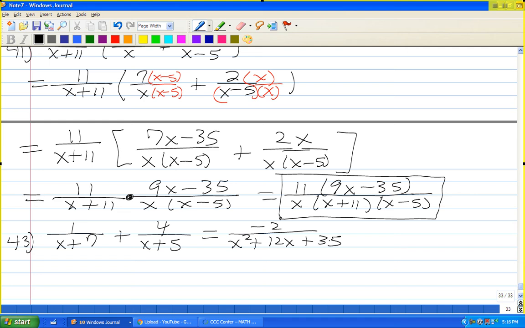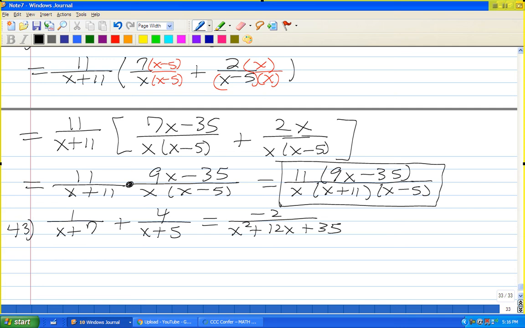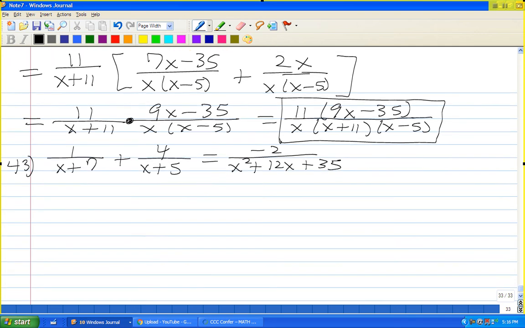Okay, good. And so let me factor. So I can factor this. Well, this just factors into x plus 7 times x plus 5.